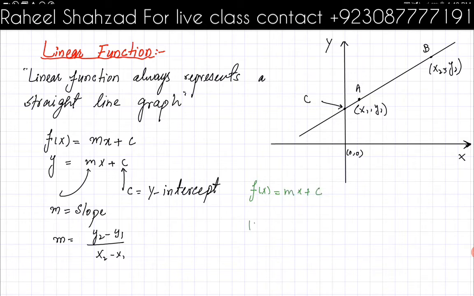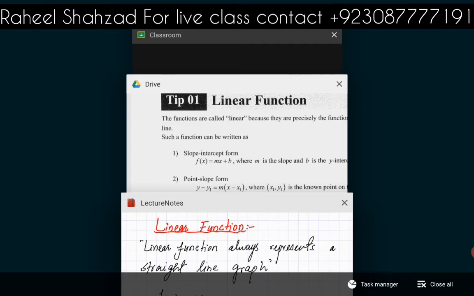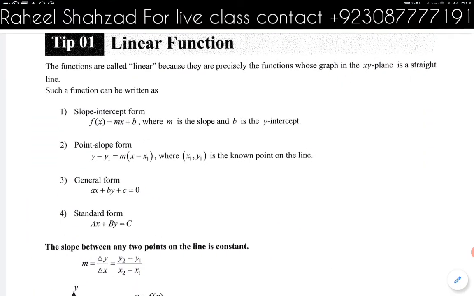The second format is y minus y1 is equal to m into x minus x1. Third is ax plus by plus c is equal to 0, or ax plus by equals c. These all are the formats that are used for linear functions. Now let's solve these questions.